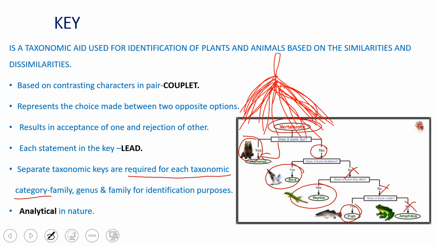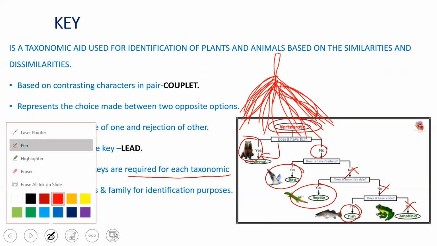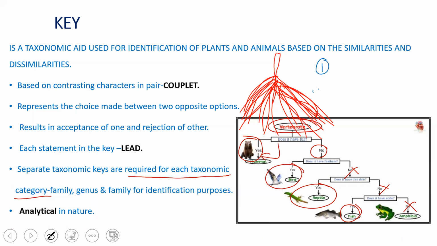right? And what type of root is it? So the first statement is whether it is a fibrous root or if it is a taproot. So this will be the first statement.